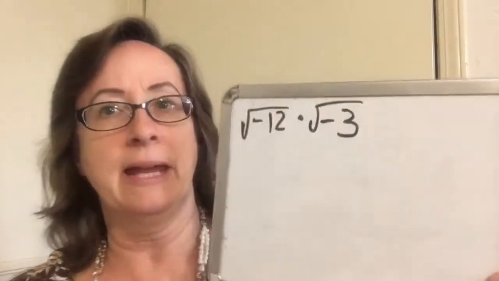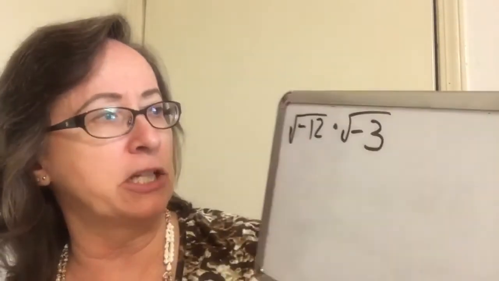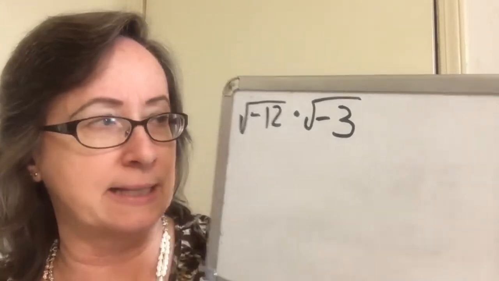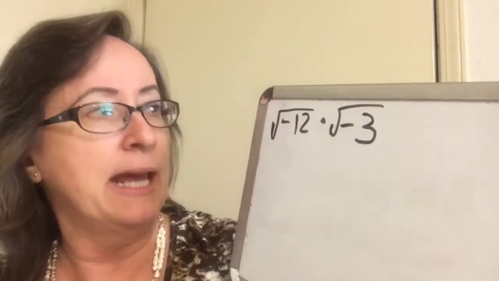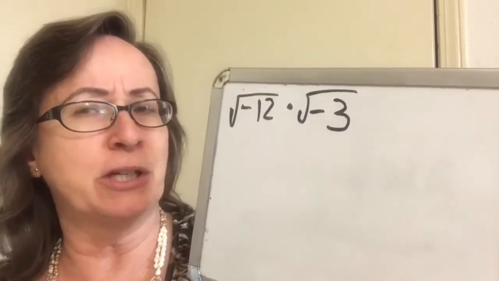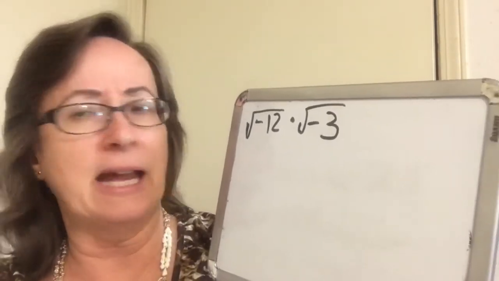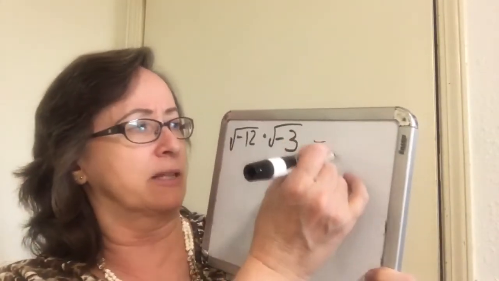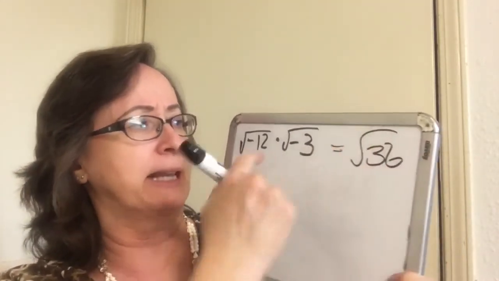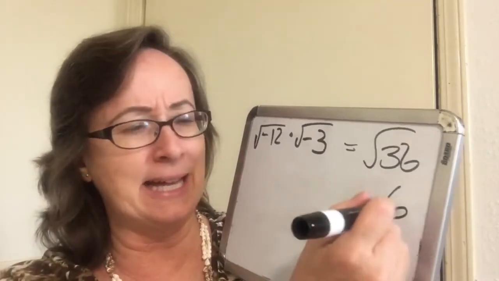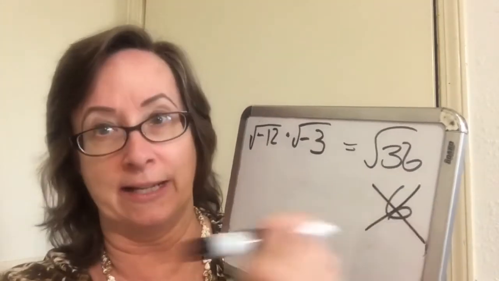All right, so now we have some problems. We're going to start with how do we multiply imaginary numbers? Now, when you're looking at this, these are two complex numbers or imaginary numbers. If I were to use my normal product rule, then I could write this as the square root of 36, because a negative times a negative is a positive, and I would end up getting 6, but that is the wrong answer.